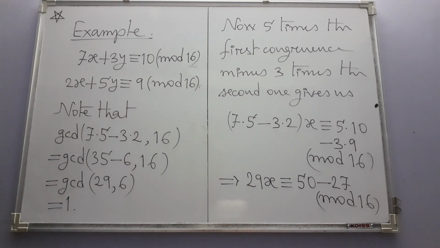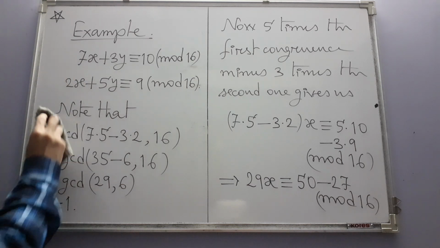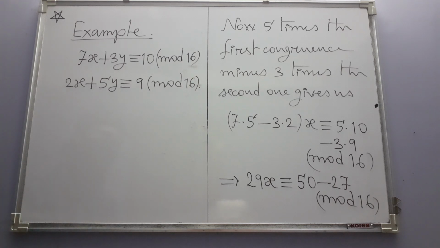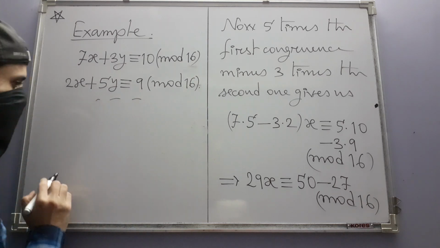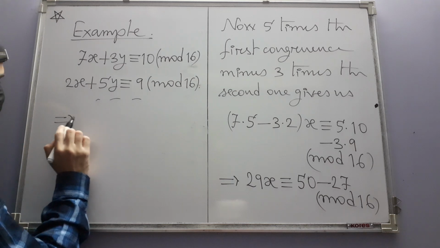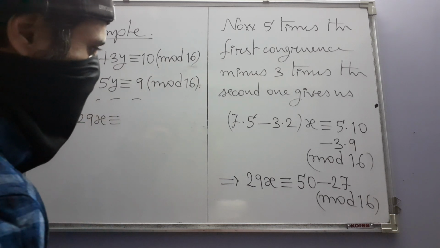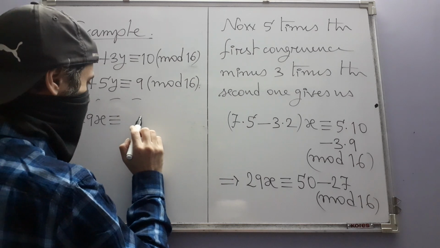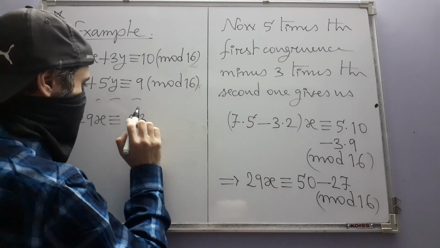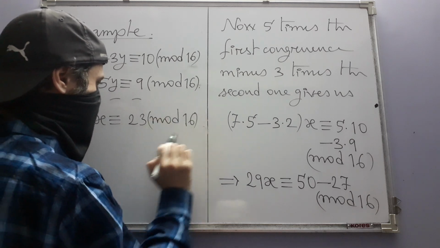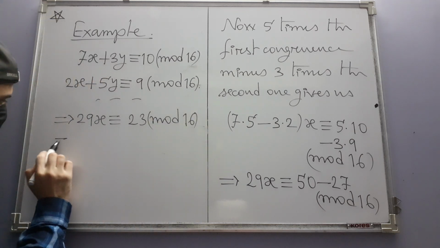Let me keep those two congruences, okay, and let me continue from here. 29x is congruent to 23 mod 16.